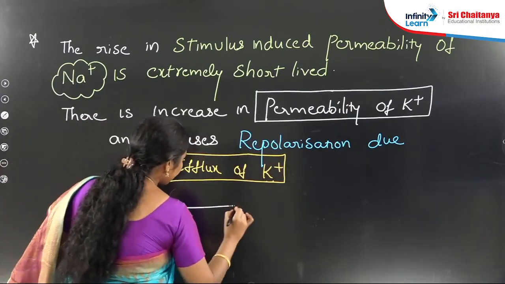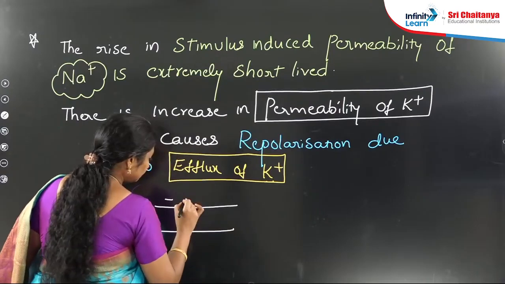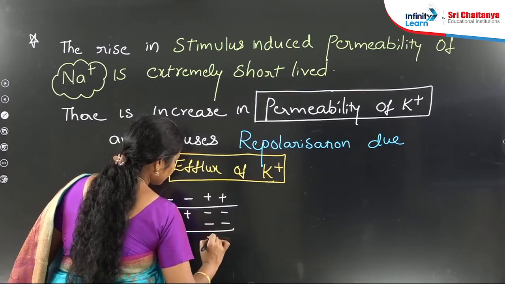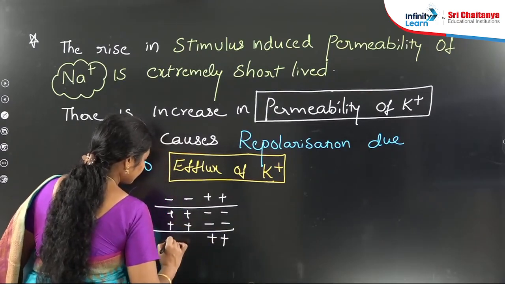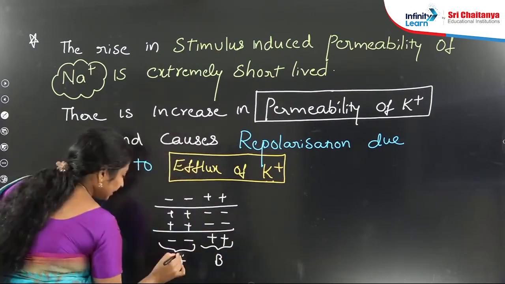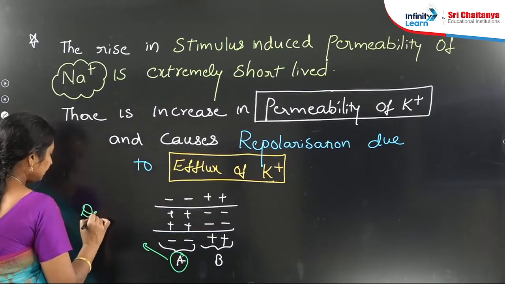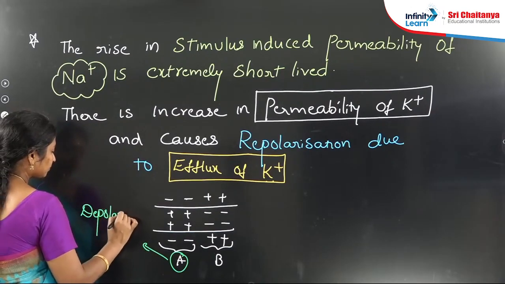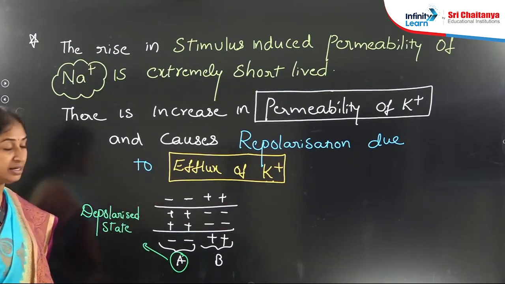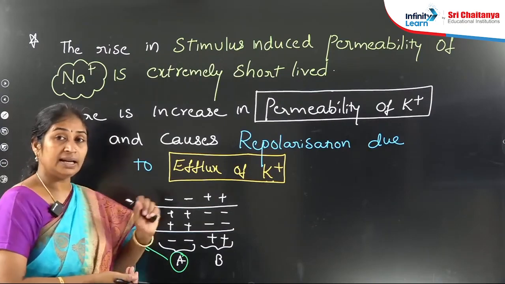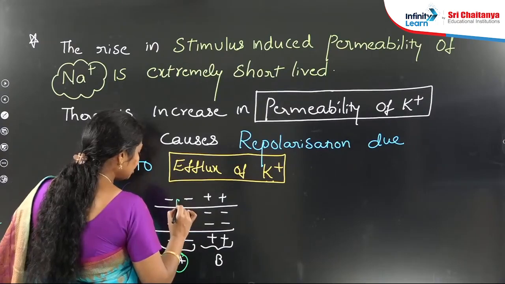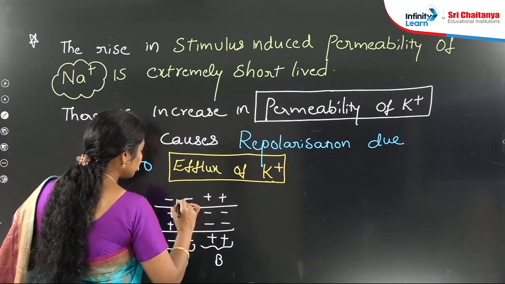In this picture, the A is in which state? It is in depolarized state. Why is it in depolarized state? Earlier there was an influx of sodium, but now there is an efflux. It means here one channel will be there. This channel is known as potassium channel.